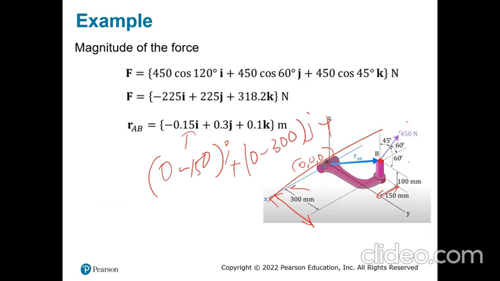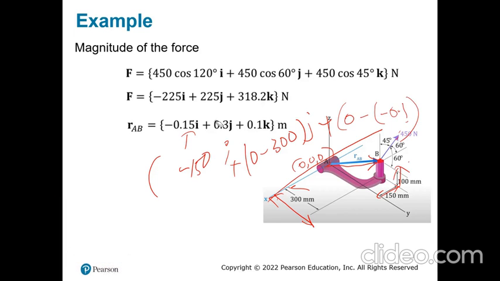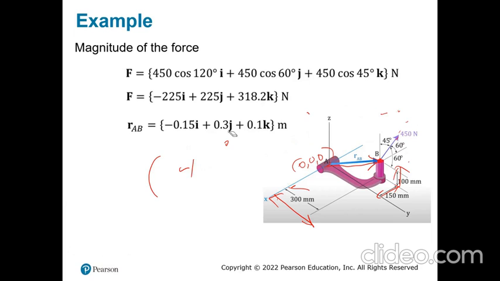In the z, it's going 100 up. So the force is directed upward. So it's going to be 0 minus... what? So that will give my position vector, which is going to be negative 0.15i plus 0.3j and 0.1k.